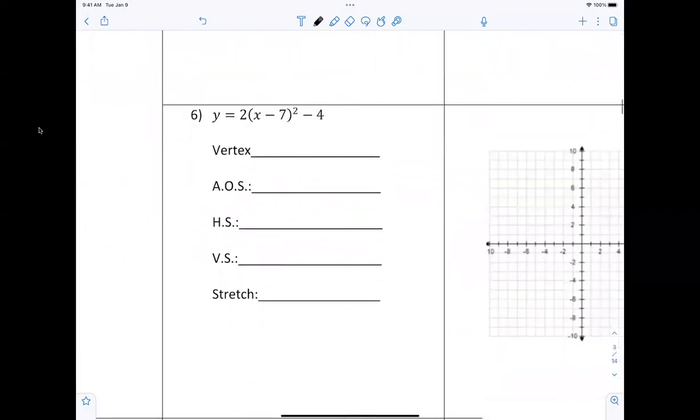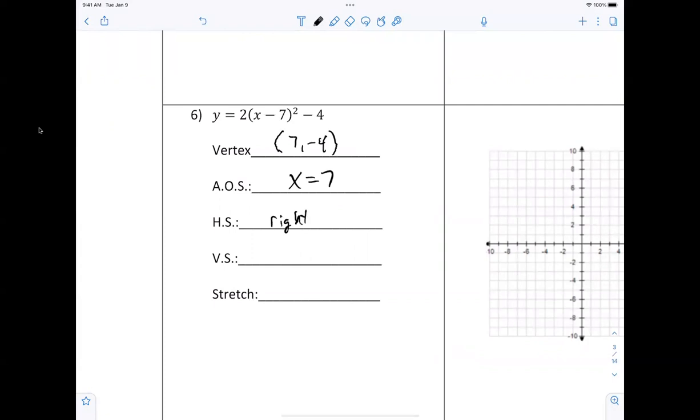All right, so help me out with number 6. This is in vertex form. So somebody tell me the vertex. 7, comma, -4, axis of symmetry. Tell me. x equals 7. Horizontally, right.